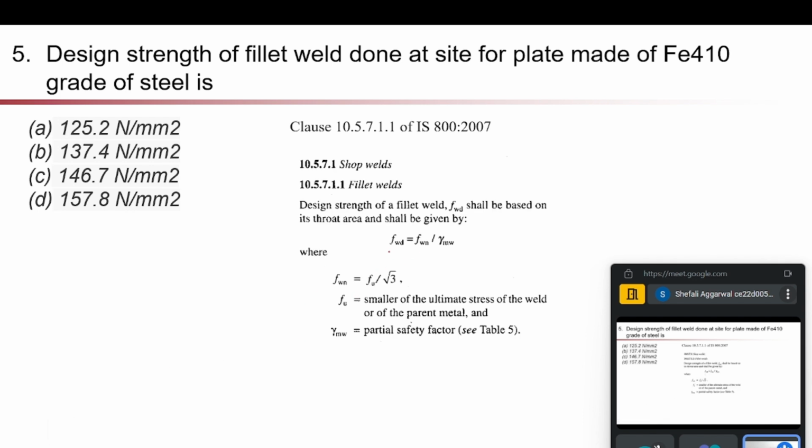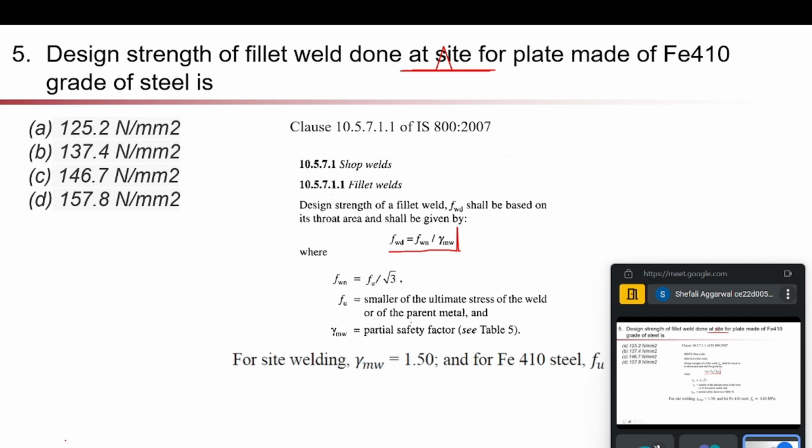So this is our formula. In case of shop or site, what is our gamma mw? Okay, so site welding gamma mw is 1.5.